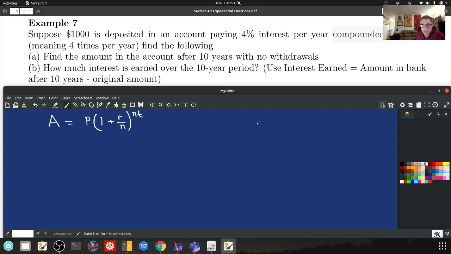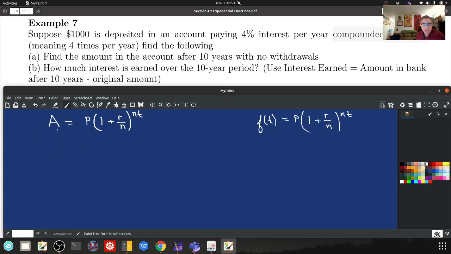You could actually write this as a function of t: f of t is equal to P times (1 plus r divided by n) to the n times t. The only thing here is our output value, f of t, actually equals our amount.